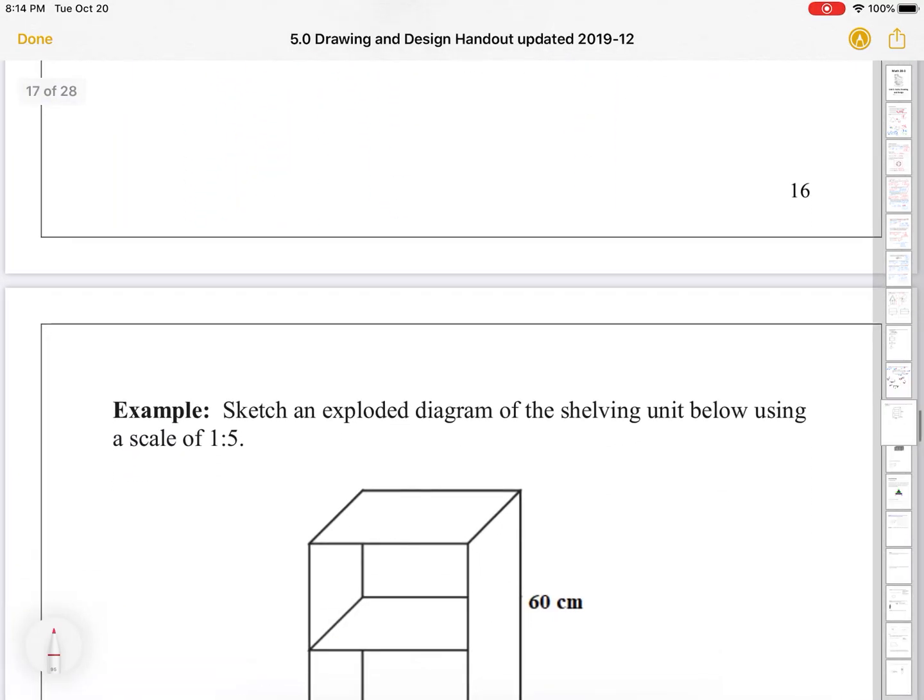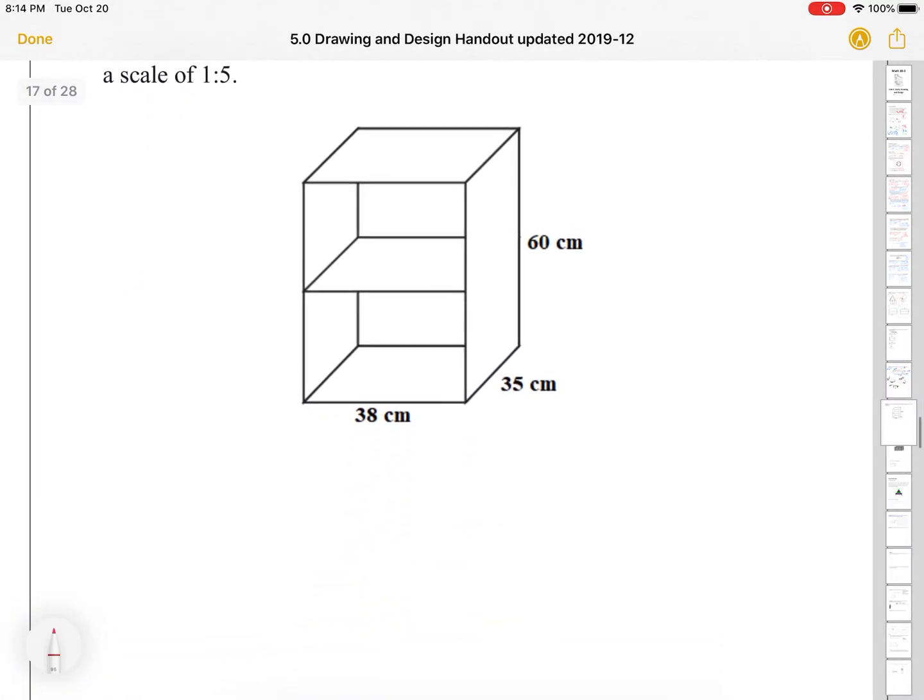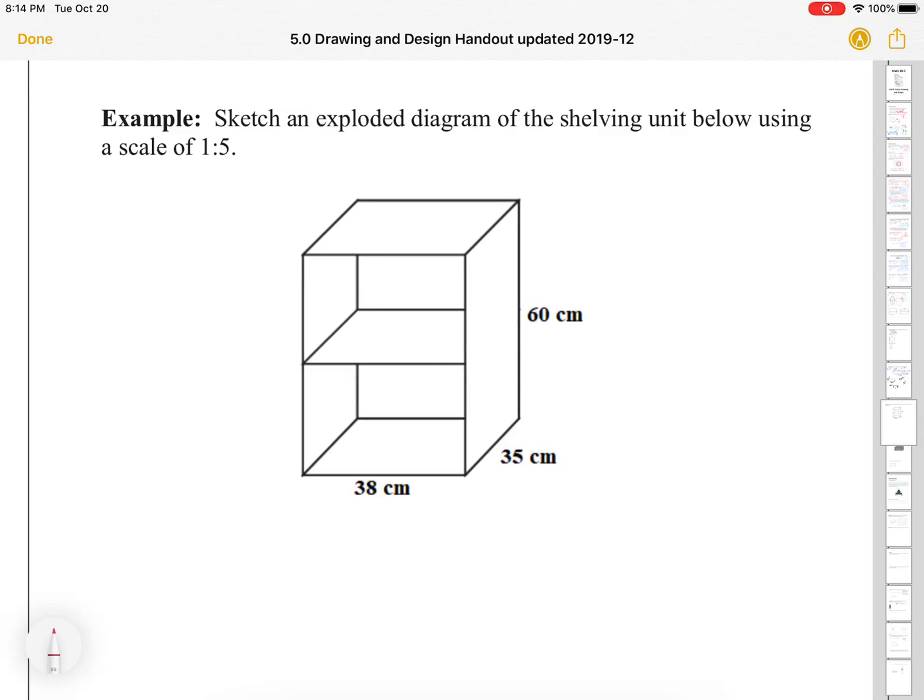Now, to draw an exploded view, you're basically taking all the pieces and expanding them out. So looking at this diagram, I have this shelving unit from before, and we want to use a scale of 1 to 5.